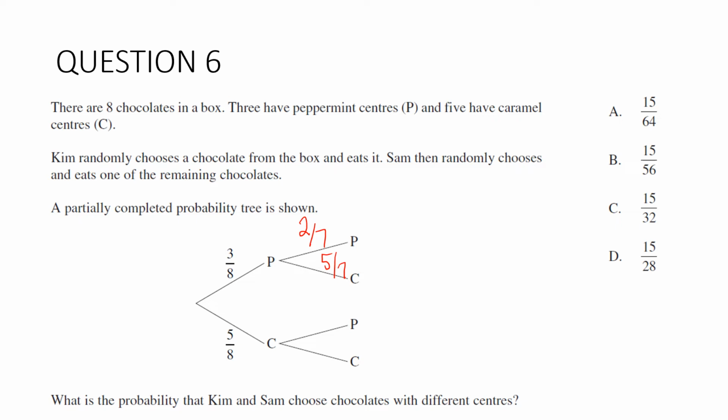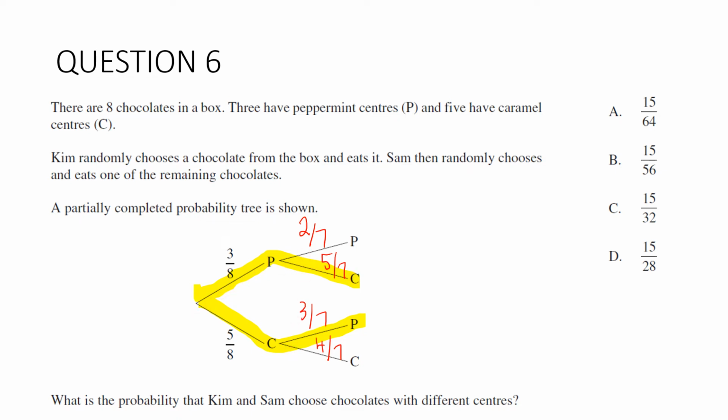Now let's have a look down here. This time a caramel chocolate was chosen, which means we have 3 peppermints still, but only 4 caramels. The probabilities are going to be 3/7 and 4/7. Quick check, they do add to 1. Probability that Kim and Sam choose chocolates with different centers, this is what we want. Remember, as we go across the tree, we multiply.